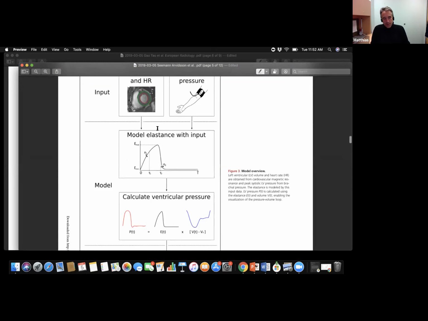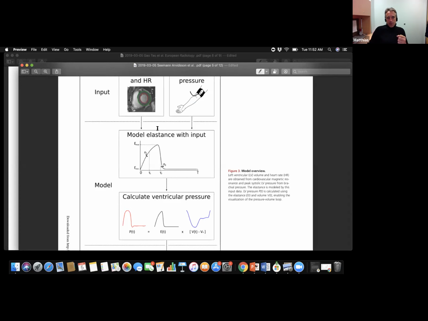So first, the question: because you use CMR values and then you use the arterial pressure, and we did that years ago, and for many years, to calculate end-systolic wall stress, which you can now also derive from the pressure, of course, assuming that the aortic valve is not stenotic, and therefore the peripheral pressure matches that of the ventricle.